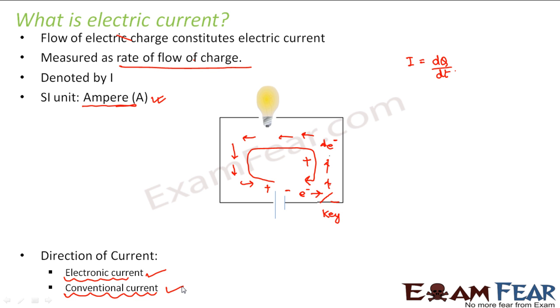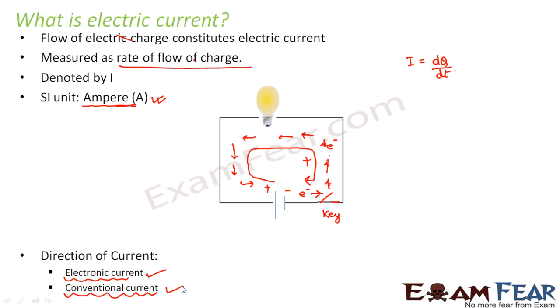Let us suppose we always consider that current will start from negative and end in positive. Or we will assume that current will always start from positive and end in negative. But in no case can you assume both things, right? So the convention we followed is that the direction of current is opposite to the direction of flow of electrons.